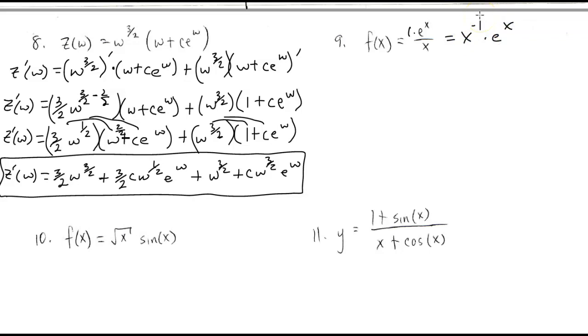And so if I did it that way, I would use the product rule very similar to how I did it here. Since I would like to showcase the quotient rule, I'm going to do it that way. But I do want to let you know that yes, you could do this problem also using the product rule.